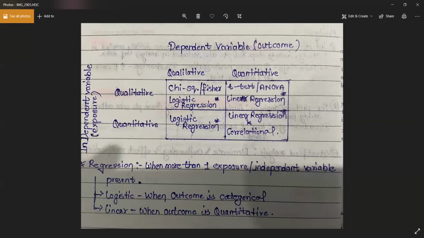Okay, let me give you an example. Let's say the coffee and the blood pressure. You want to know the relationship between the coffee and the BP, and you found that all these individuals who have high BP also have a very high coffee intake. But it doesn't mean that the coffee is directly causing the high BP. A disease process is there in which you are getting the high BP, and all these individuals who have this disease process are also taking too much coffee.